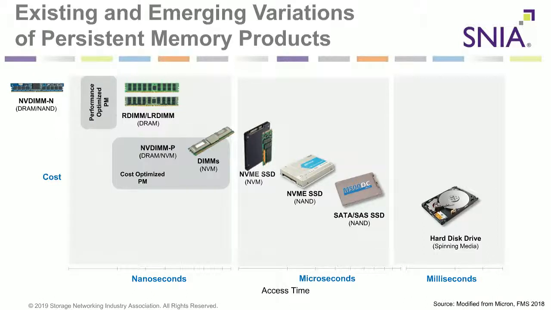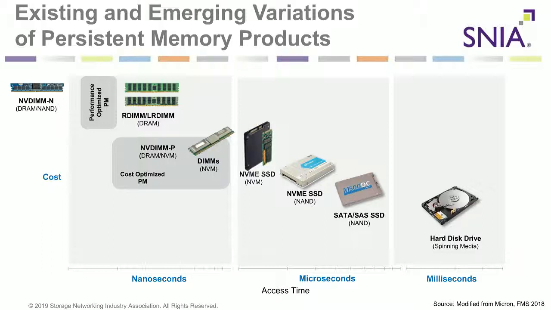This is another slide where we're trying to drive home the point that, on the right-hand side, you can see the hard disk drive, and then in the middle, you can see the SSD product, and at the foremost left, you can see the persistent memory products.